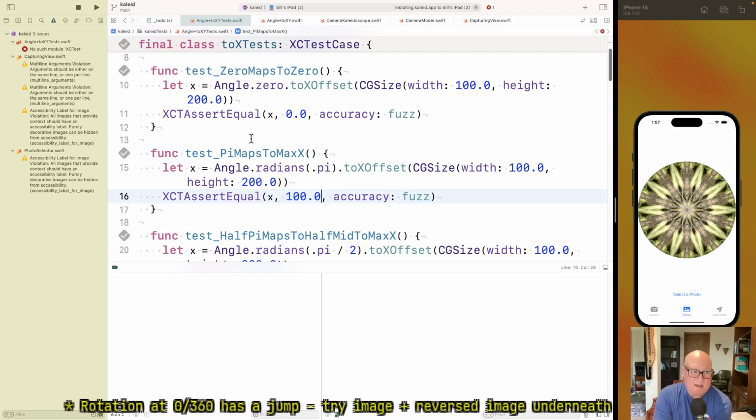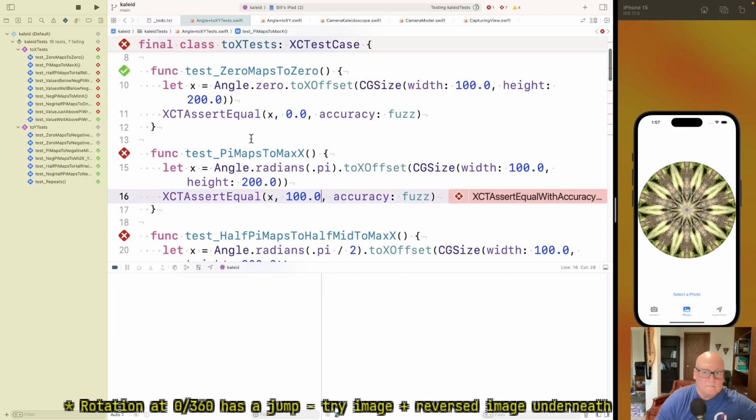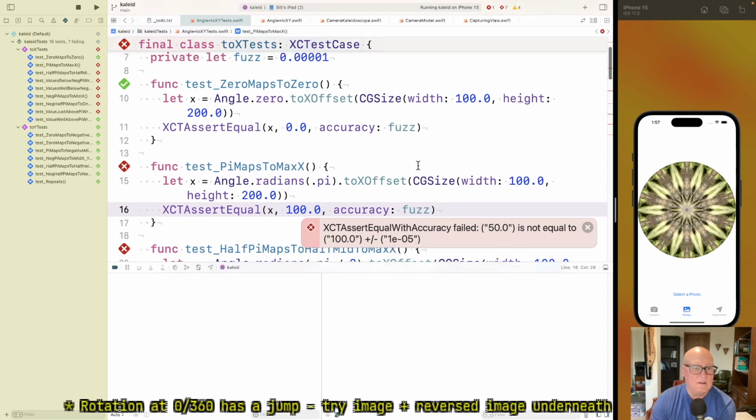The other tests, I don't know if they'll pass or fail, but I really don't know why. I thought this rule would have us seeing some white space, so we'll see what happens. Test and running. Okay, so 0 maps to 0 succeeded and this one failed.